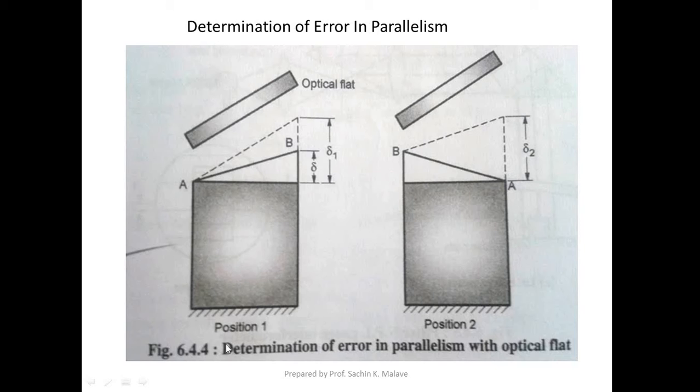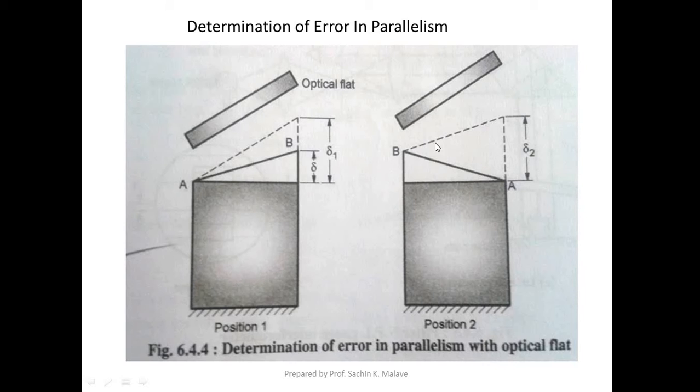Why divided by 2? Because we have rotated this position. Rotation of this base circle amounts to doubling the effect of the error in parallelism. So whatever difference you have got is equivalent to 2 times the error in parallelism.